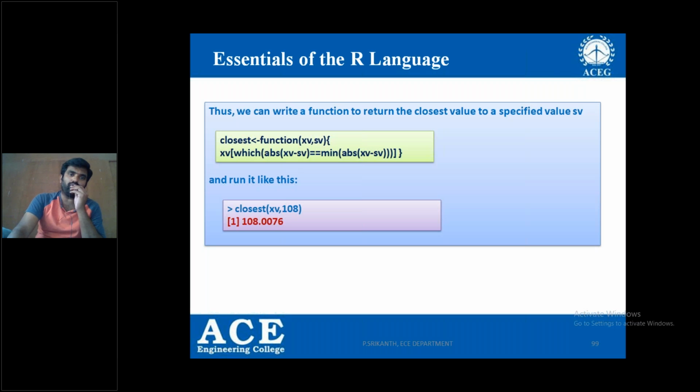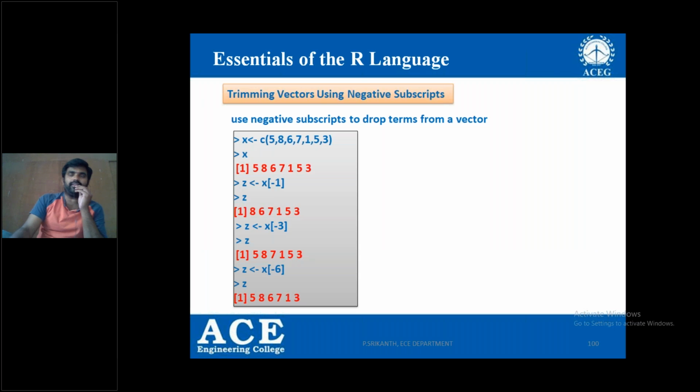For example, I would like to know the value in the random variable, I mean in the object xv, which is near to 108. I can use the function closest. So all these functions are useful in the statistical analysis, especially in the statistical analysis, right?